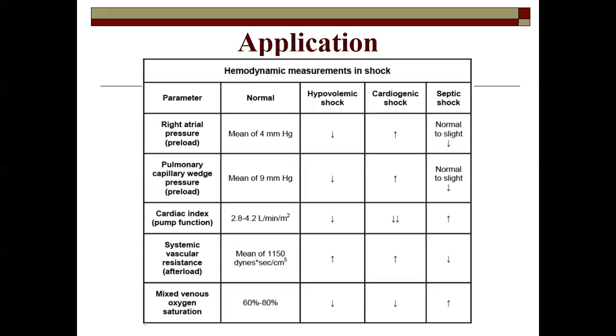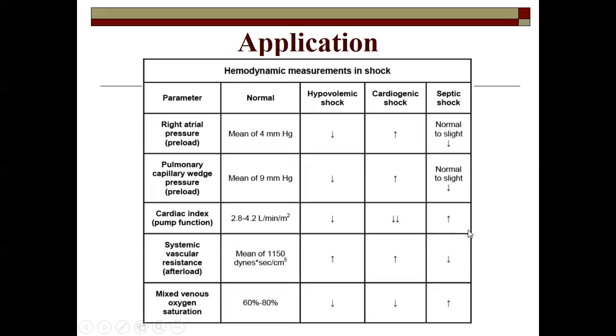All right, so which of the following hemodynamic parameters is most indicative of cardiogenic shock? And it's going to give you some parameters. I'll write them down since I can't transfer from one to the other.